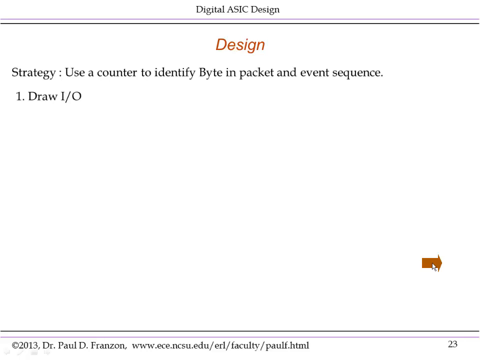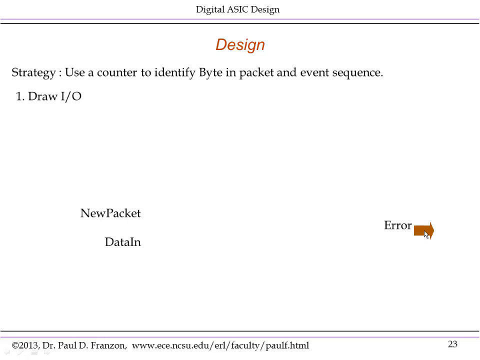We next draw the I/O. So here are the I/O for this particular example. A new packet, a control signal, the input data in, which contains the packet, sent one byte per cycle, and the error flag. We then decide what has to be in registers.